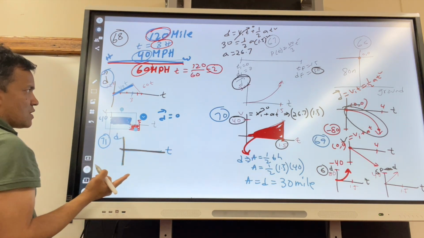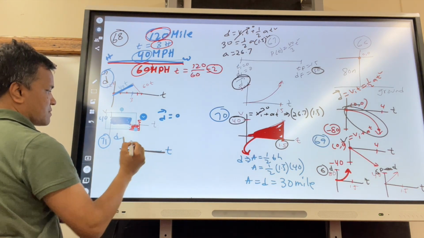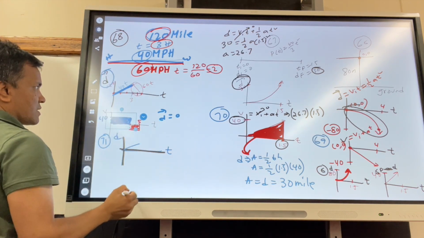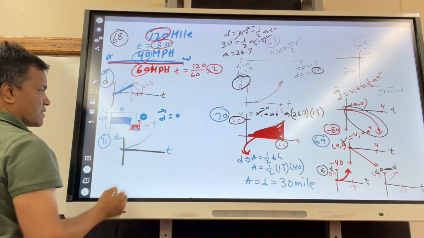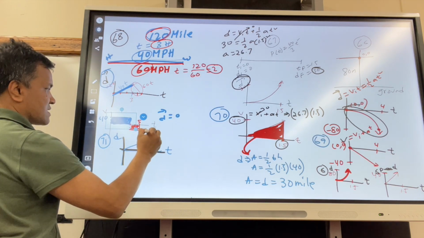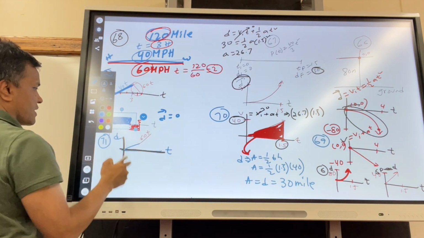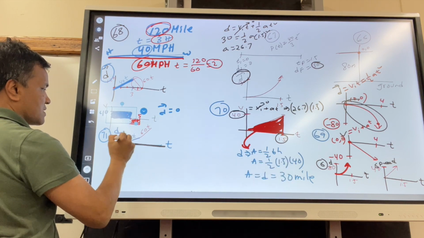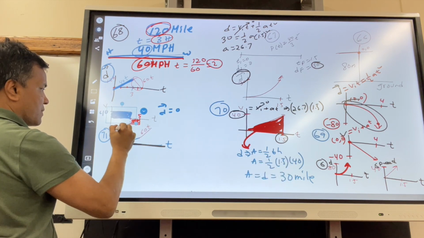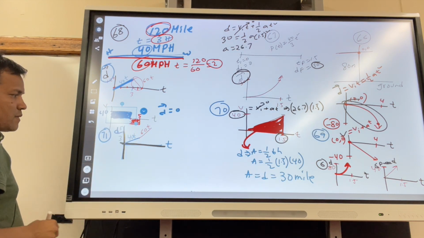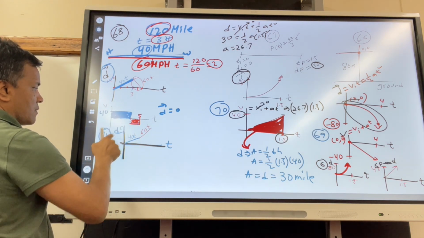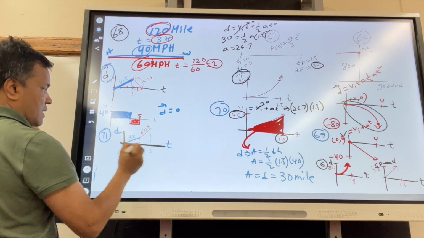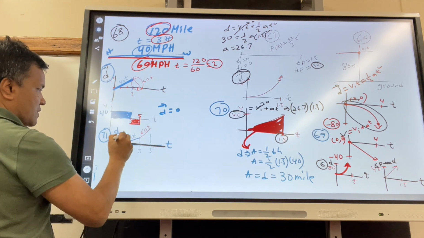This is already positive, so the absolute value is the same. The red one is negative, so its absolute value is this. The red one is 60t, and the blue one was already positive, so it remains 40t. This is 3, this is 5, and this is 120, this is 240.